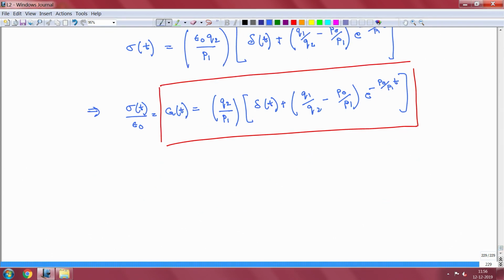Now, we already know the numerical values for Q2, P1, P0, P1, etc. Right. So, all the 4 coefficients we already know what the numerical values will be.